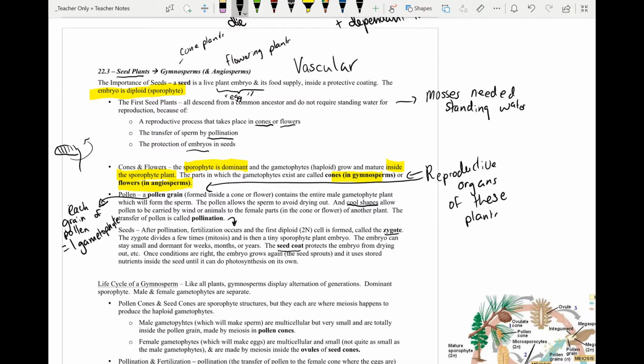So once the conditions are right, the embryo grows again, the seed sprouts. So this is the formation of a seed. So then when conditions are right, it can sprout and then grow and photosynthesize on its own.